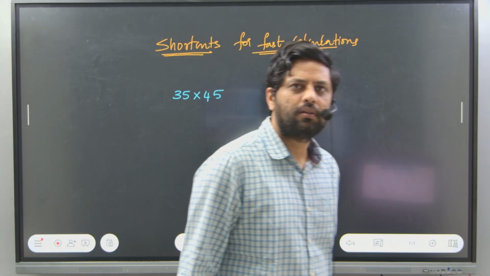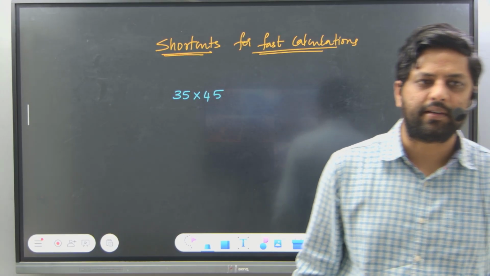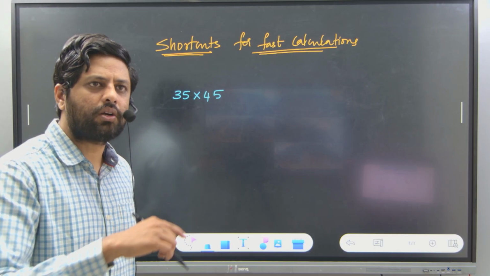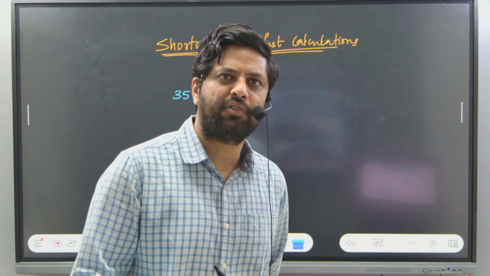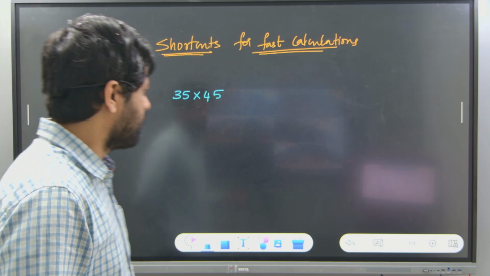Any idea what is the answer? You'll do it with the normal method of multiplication, right? Does anyone know a shortcut? Please respond if you know a shortcut for this. Okay, no shortcut. All right.